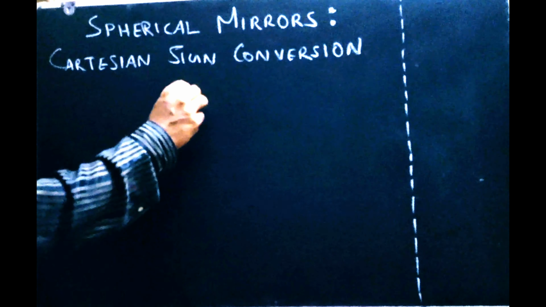So only to the left hand side it is formed, so it is always negative. Therefore take u as minus 10. Please be careful. The sign convention you have to apply in the problem, they won't give it. So you should be very careful with the Cartesian sign convention.